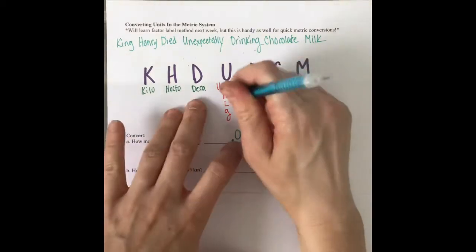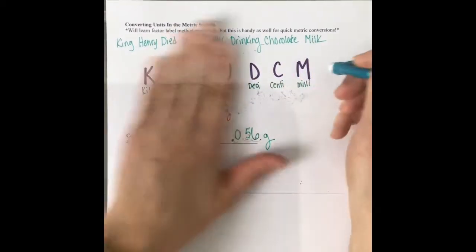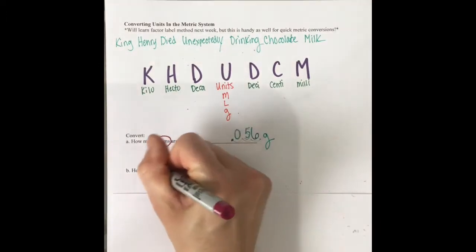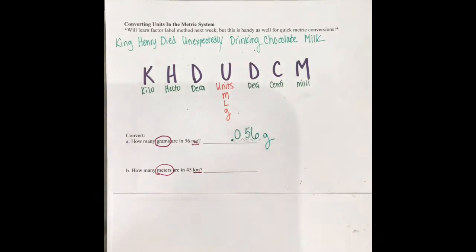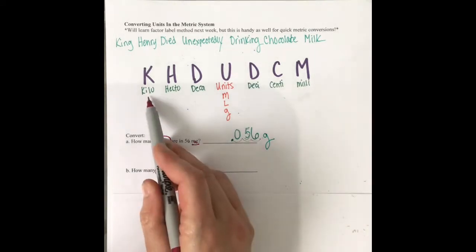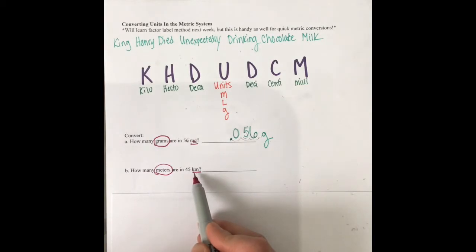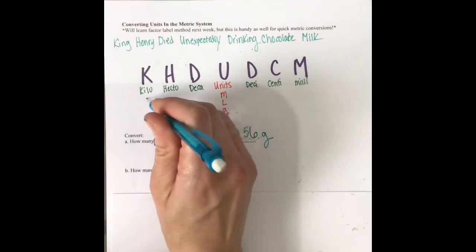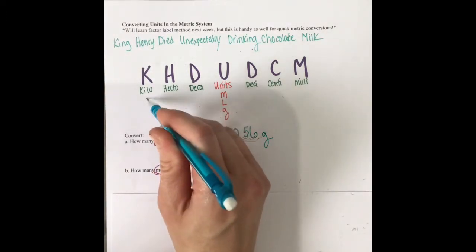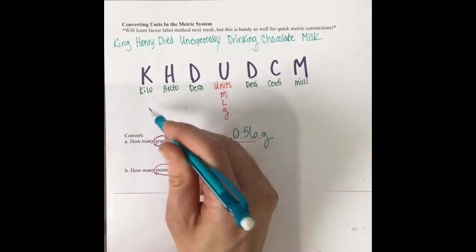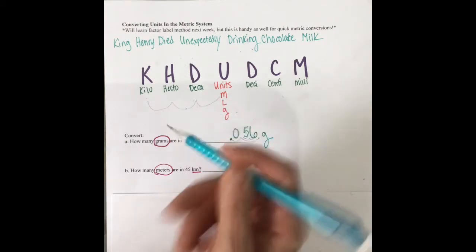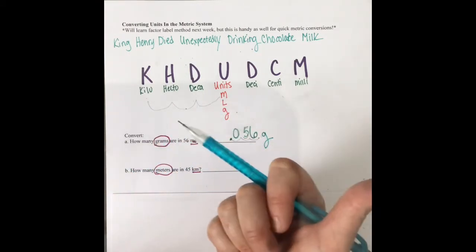Okay, let's do another one together. How many meters, that's what I want to know, are in 45 kilometers? So we're starting in the prefix kilo, and I want to convert to meters. I put my pencil where I'm starting, and I'm going to jump to meters. 1, 2, 3 spaces to the right this time.